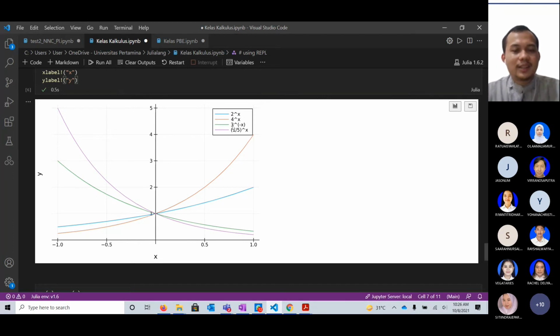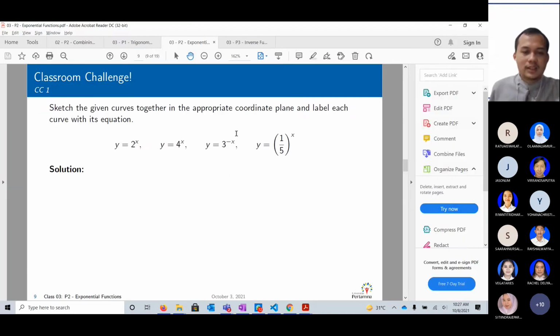What about the green one? 3 power minus x. Why is it also decreasing? Because it is powered with minus x. In this case, we can make it 1/3 power x, right?